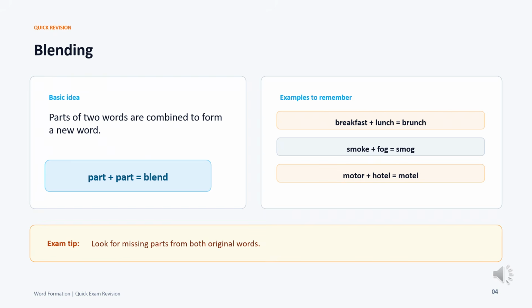Or for another example, smoke and fog becomes smog. Similarly, the two words motor and hotel becomes motel. Now, the trick is very simple. If both original words lose some letters before forming the new word, it is called blending.